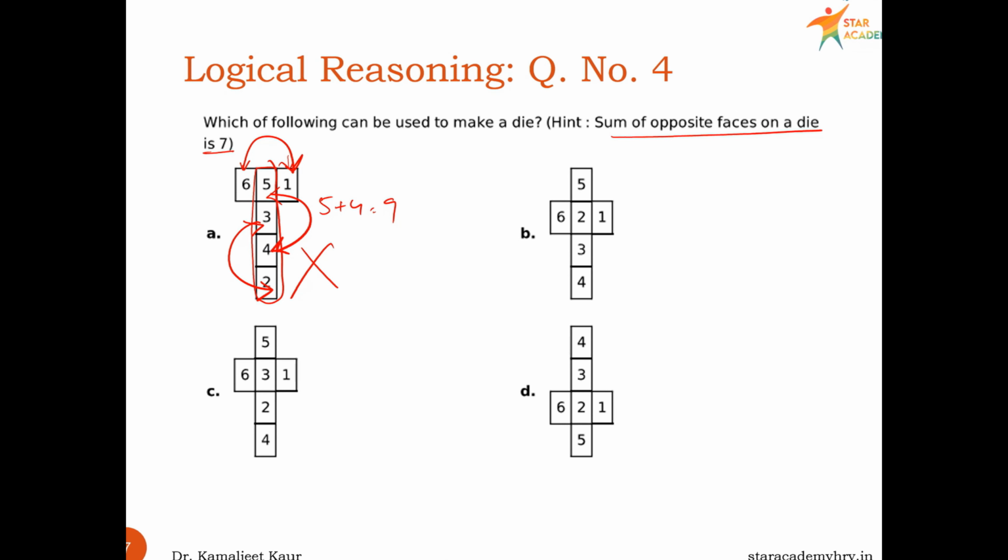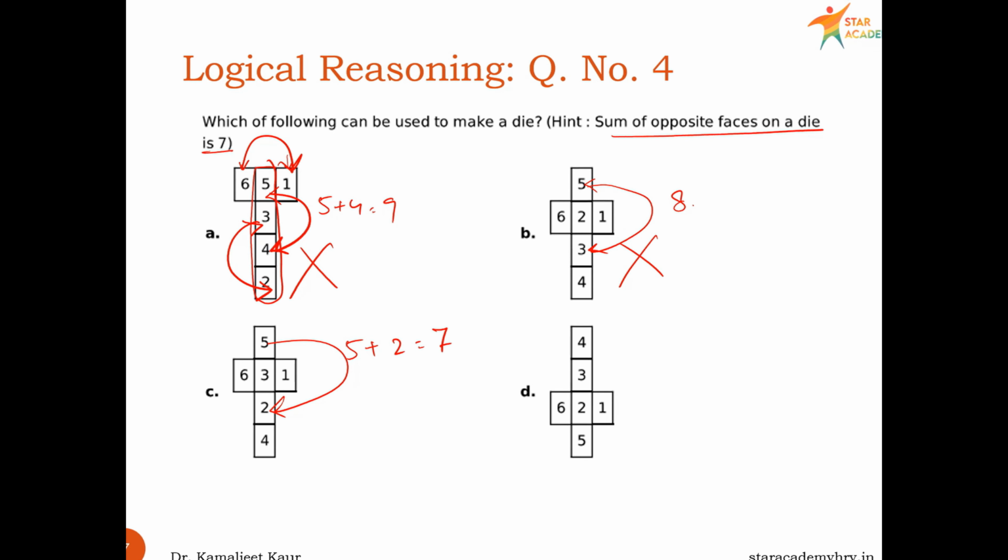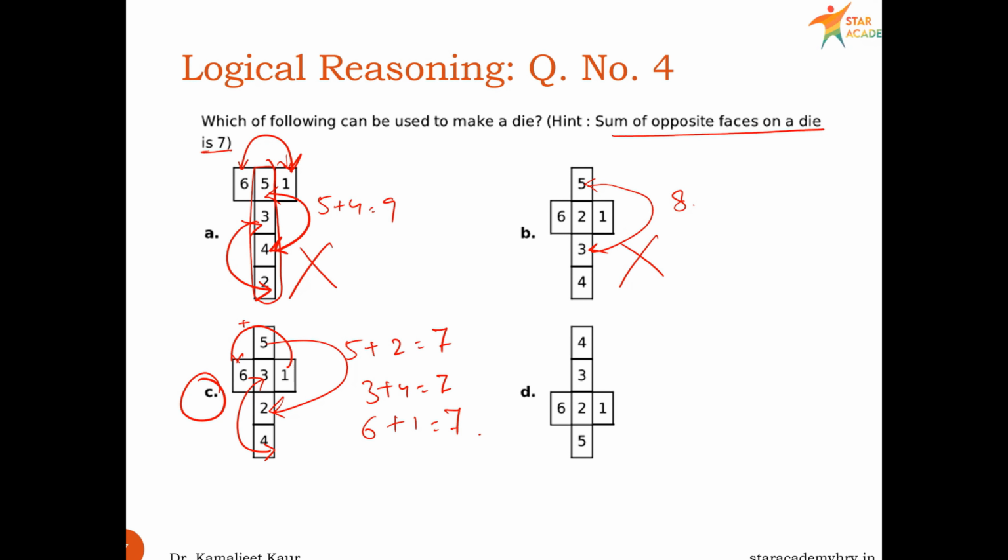Let's check B. 5 and 3 gives you 8, so this cannot represent the die. Then check here. 5 plus 2 is 7, 3 plus 4 is also 7, and 6 plus 1 also makes 7. So only this could be the right answer. You can check D also, that it does not give the result 7 in all the cases.